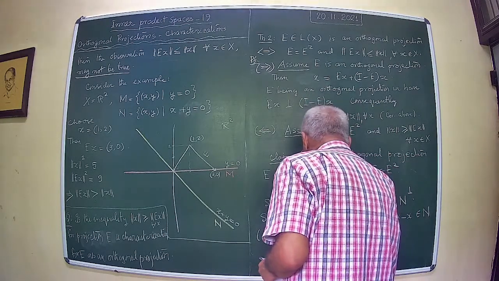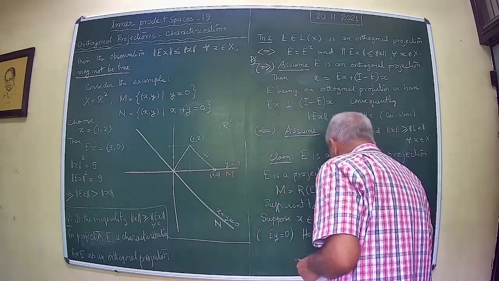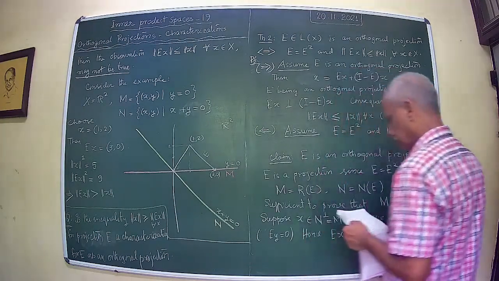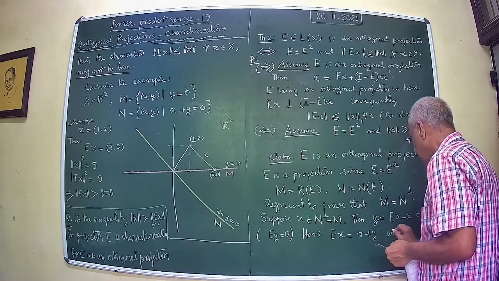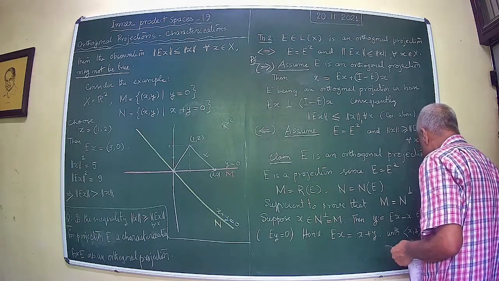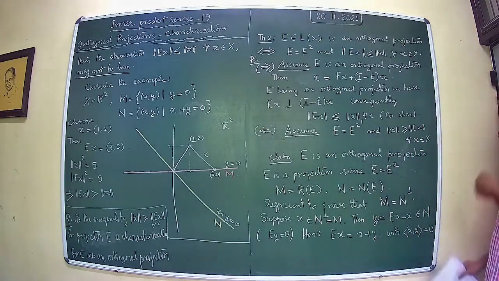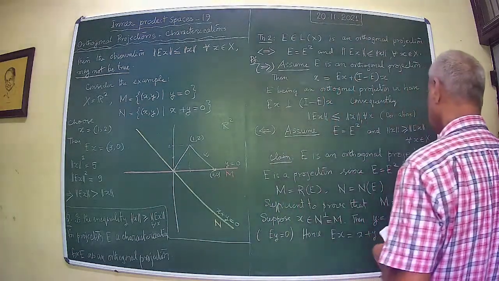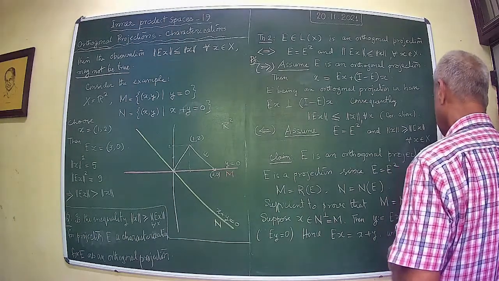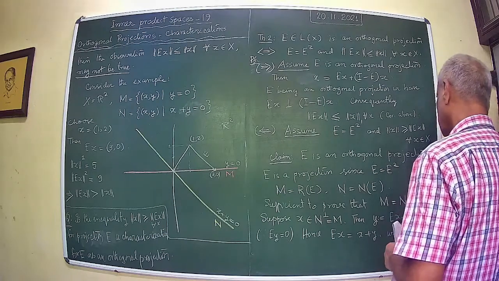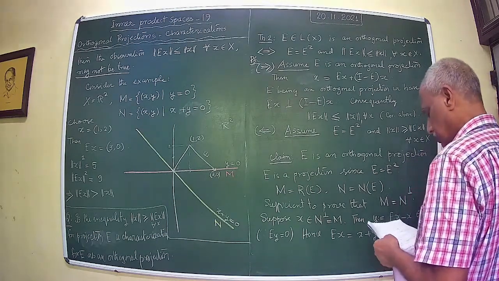Hence Ex equals x plus y, with y in N, so Ey equal to 0, with the inner product of x and y equal to 0. That's easy to verify.